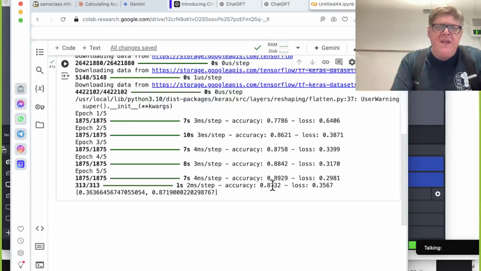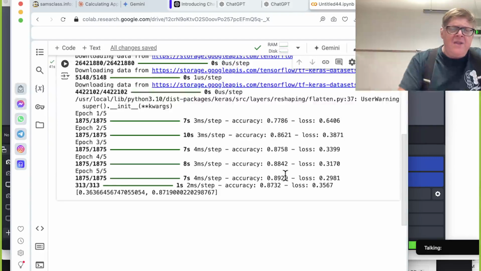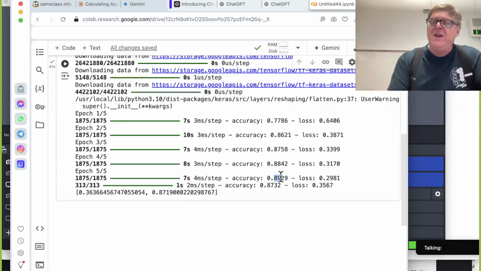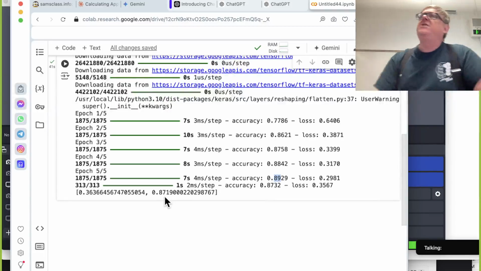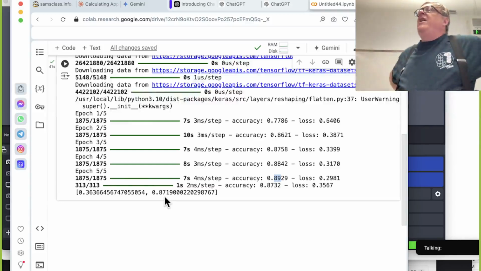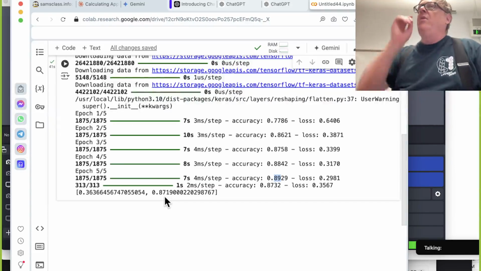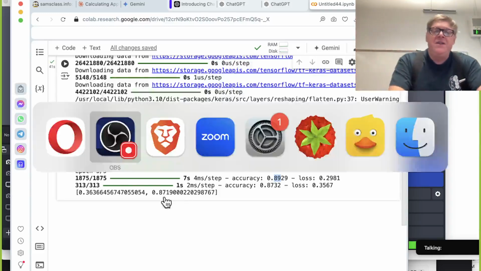Right, here's the 88 and the 87. All right, I expected 89, and I think I did. Here's epoch 5, yeah. So this is the 89% on the training set. So it has learned to get 89% of the training set correctly classified, and the test set, it only gets 87% of them correct. That's what you expect if you have a well-trained model. It's almost as good on the test set.